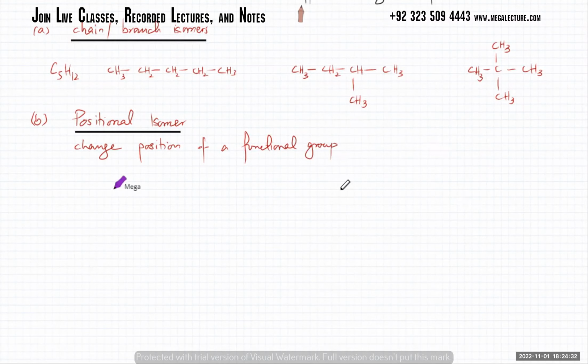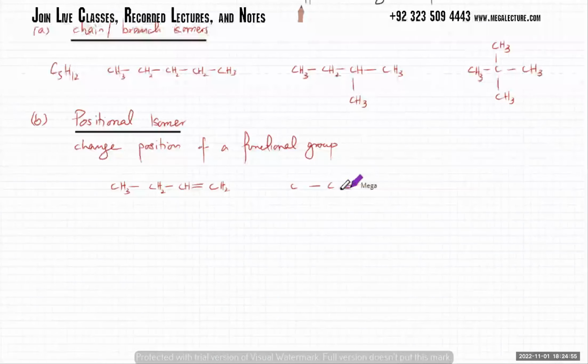So for example, if I have a butene molecule, so the 3 H's, there are 2 H's, this one has 1 H, and there are going to be 2 H's with this one. So there's going to be another version where the position of the functional group or the double bond will be different.